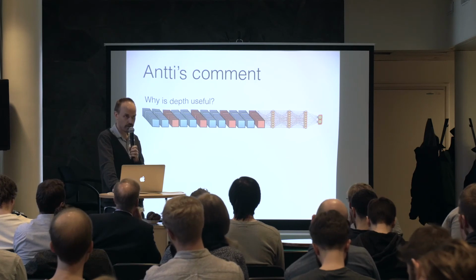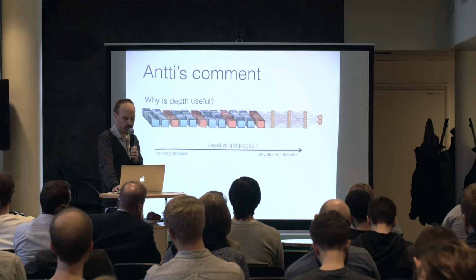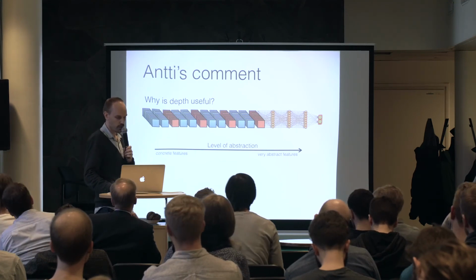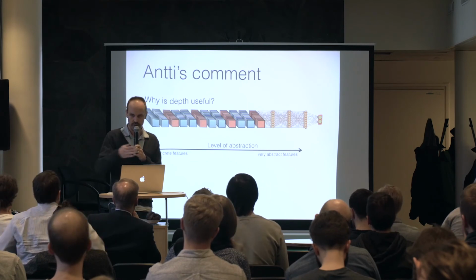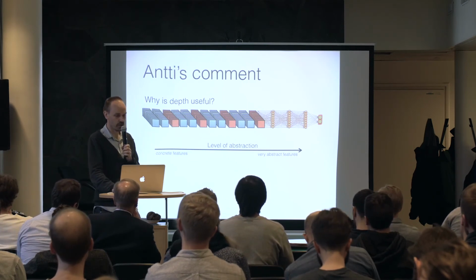So why is depth a useful thing to have in neural networks? There are two ways to think of that. When you go deeper and deeper in a network, you can think that the level of abstraction grows.